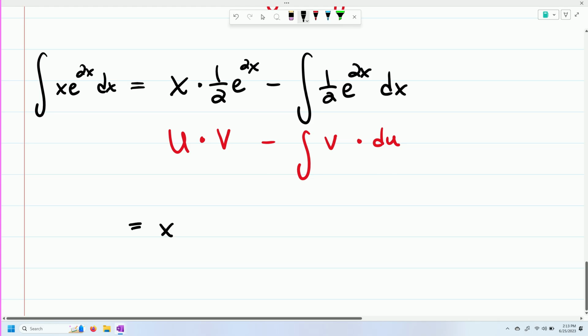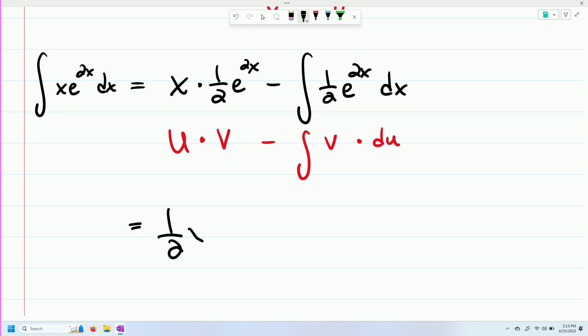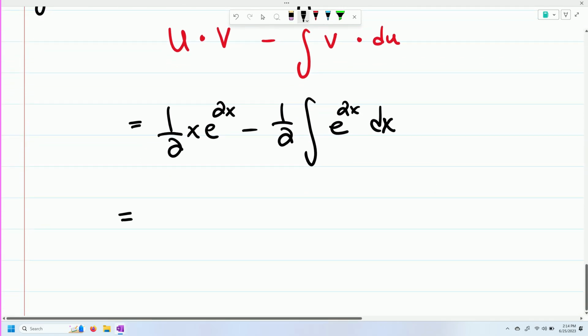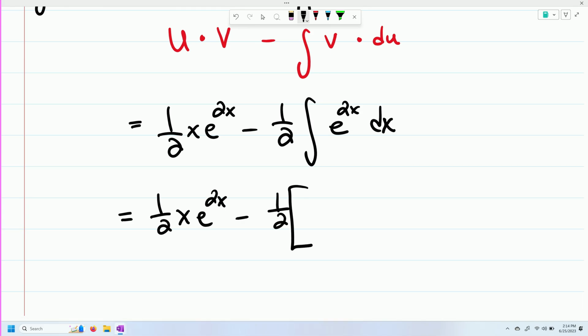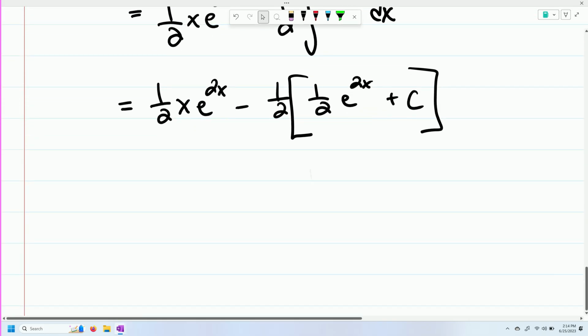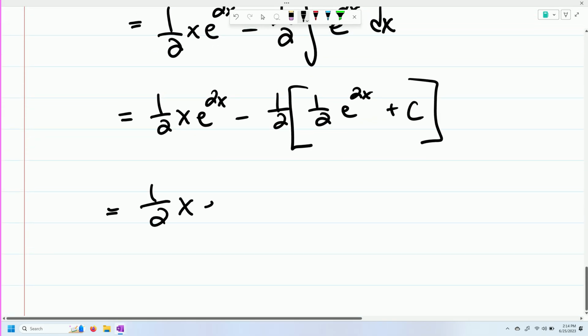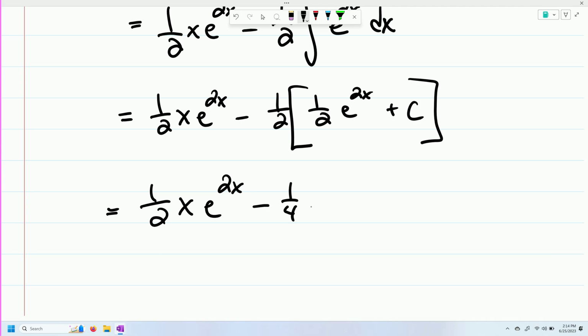This is going to be 1/2 x e to the 2x minus 1/2 times the integral of e to the 2x dx, which is 1/2 x e to the 2x minus 1/2 times 1/2 e to the 2x plus c, which is 1/2 x e to the 2x minus 1/4 e to the 2x plus, we'll say k, where k is equal to 1/2 c.